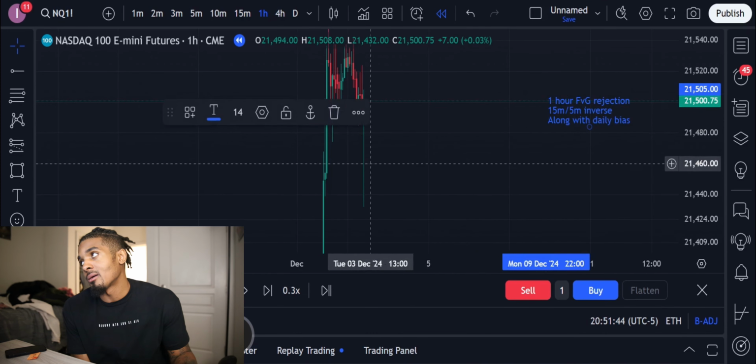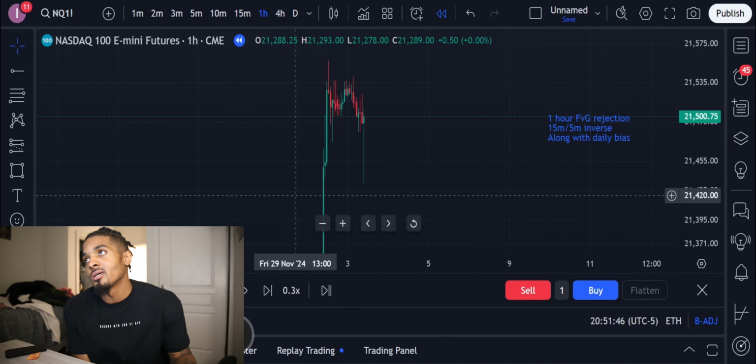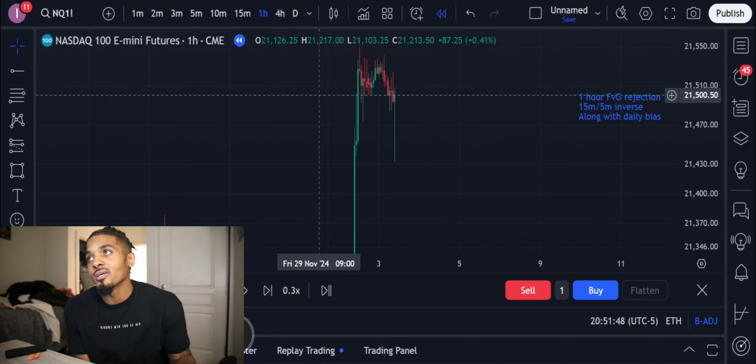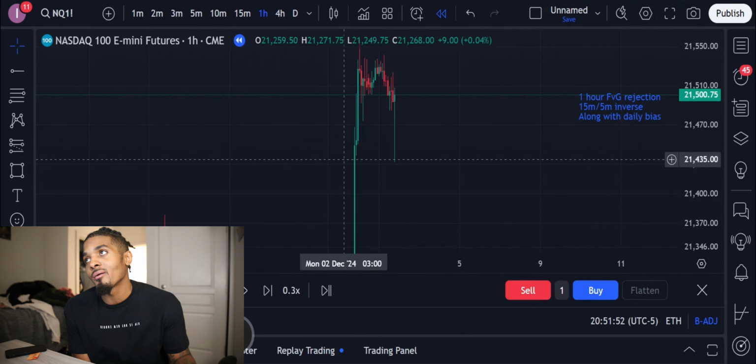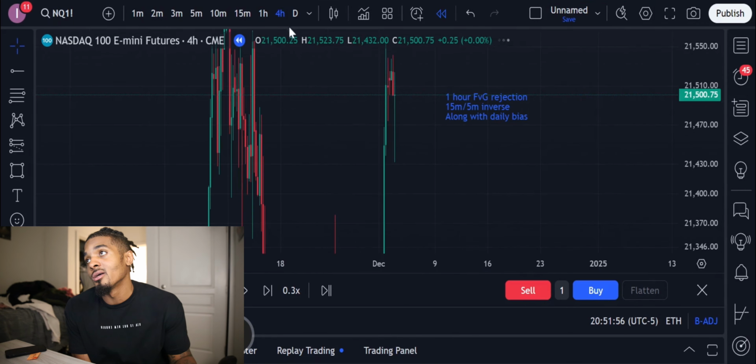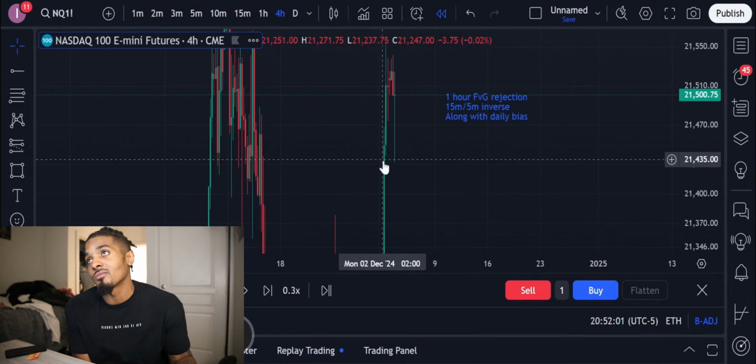Say I have a bullish bias for the day. It dips in, just like right here, it dips into this hourly fair value gap. Say it dips into the fair value gap, and say even on the 4 hour, look, it respects this little fair value gap and even dips into this big fair value gap.